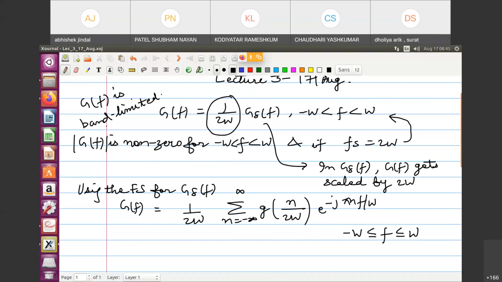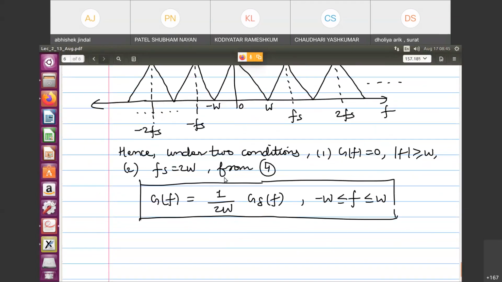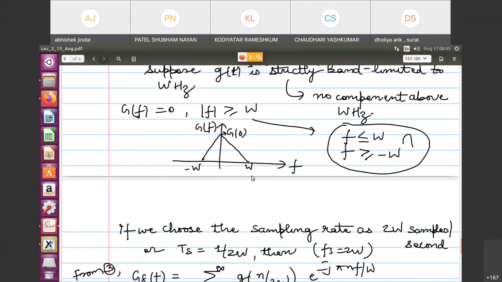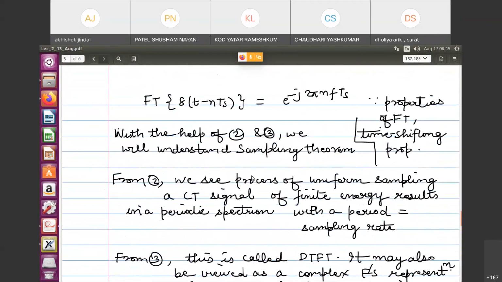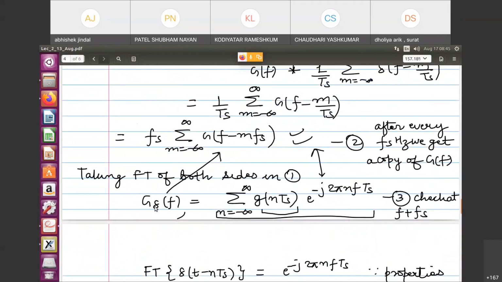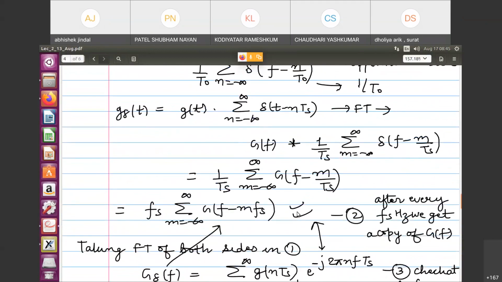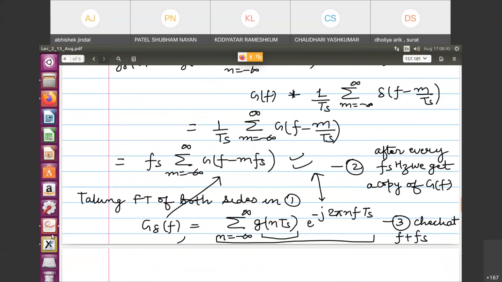We have said that G(f) is band limited, so mod of G(f) exists only for minus W to plus W. So these are the two things which we have used: one is the Fourier series representation of G_delta(f), and another one is the shifted spectrum. Using both of them, we write this.